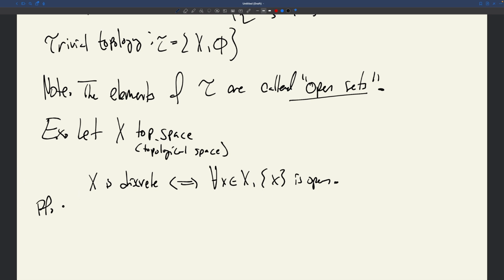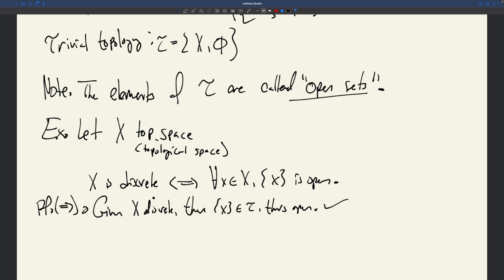Okay, how do we prove that? Because we're dealing with an if and only if statement, we're going to have to prove one direction first. So, given X discrete, then {x} is going to be in tau, thus open. Cool.